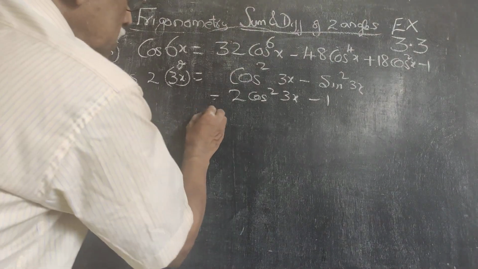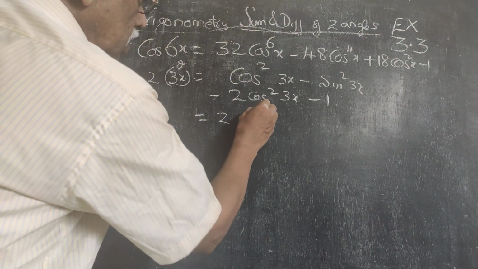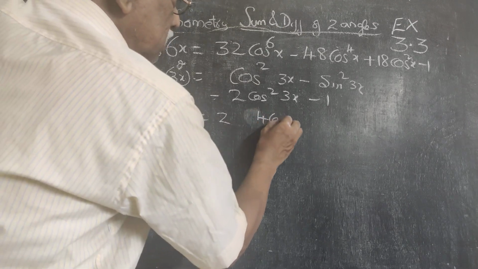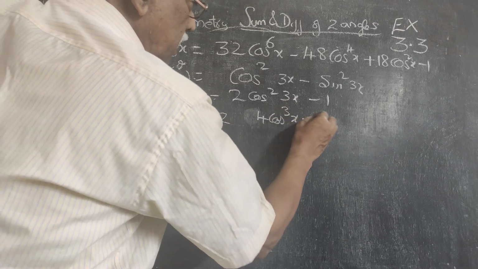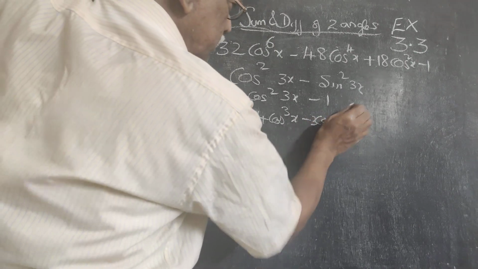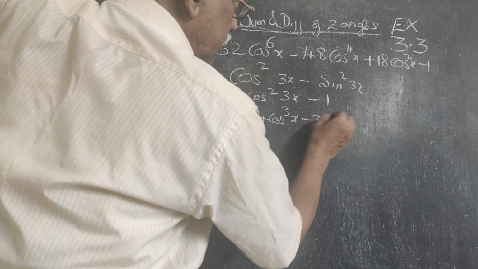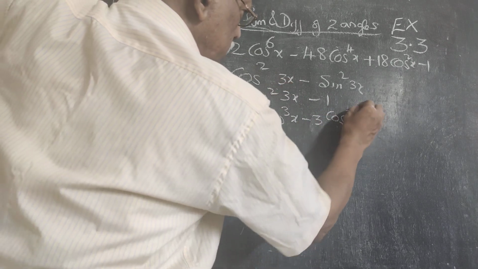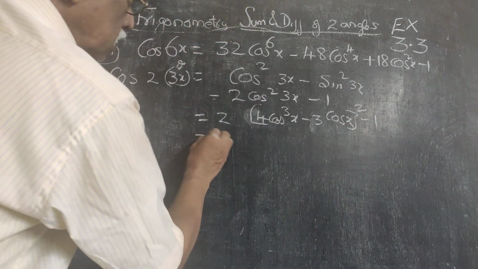Now, what is cos 3x? Cos 3x is 4 cos cube x minus 3 cos x, and this is squared, put minus.